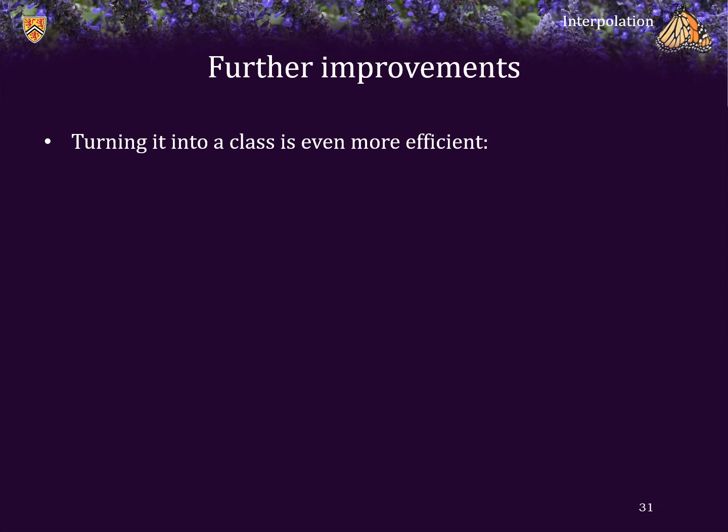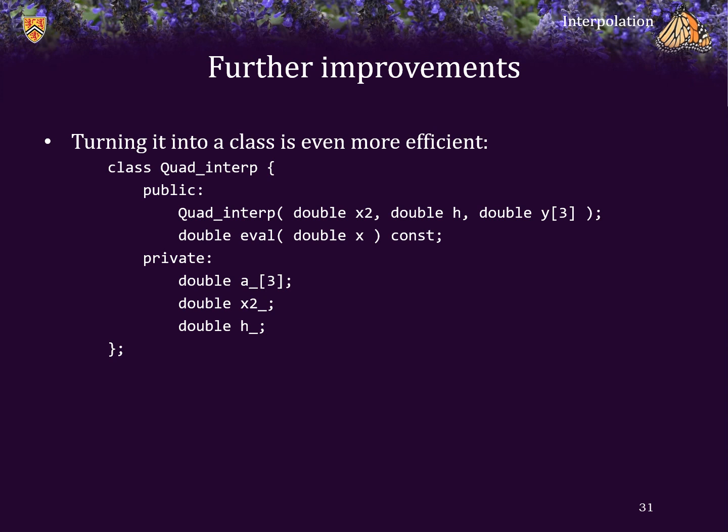Now, the problem with the previous implementation is that whenever we want to evaluate the interpolating polynomial at a point, we must recalculate the coefficients. So it makes a lot more sense to turn this interpolating polynomial function into an object. So here we have a quadratic interpolating polynomial.